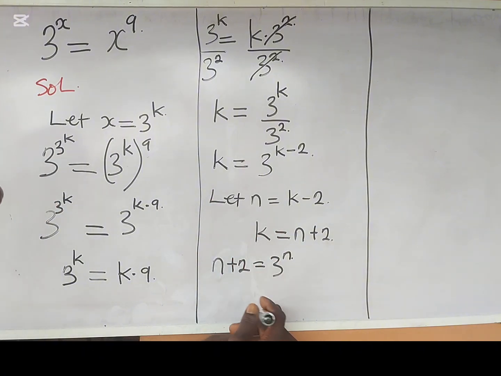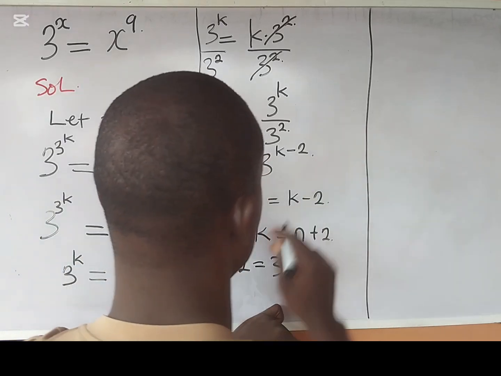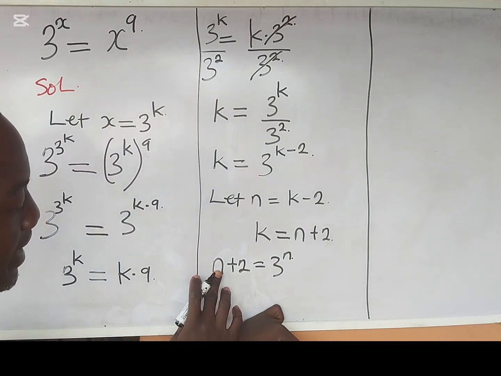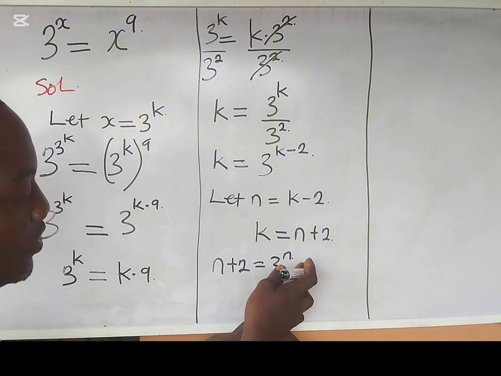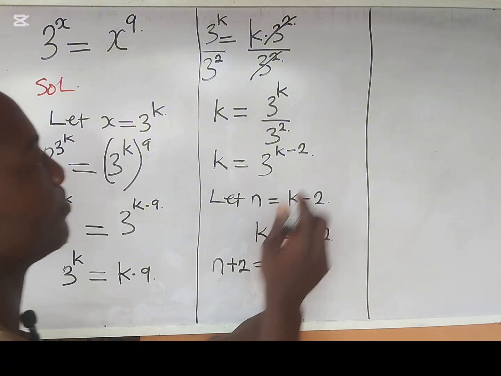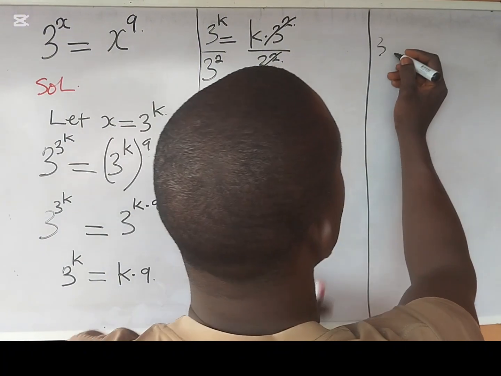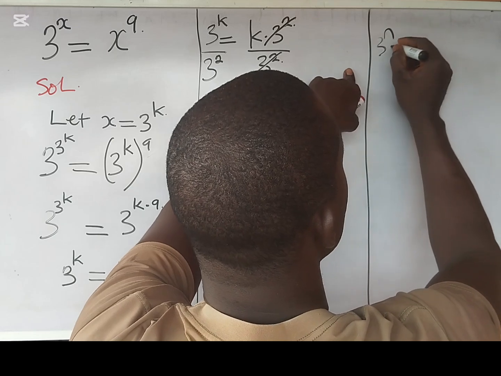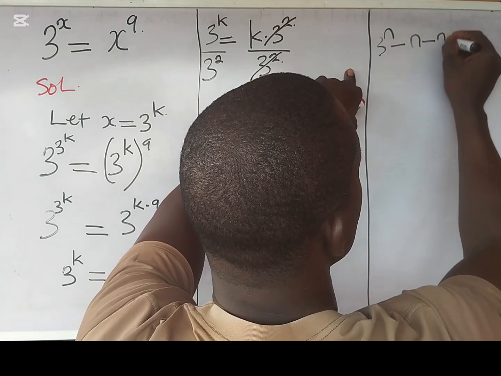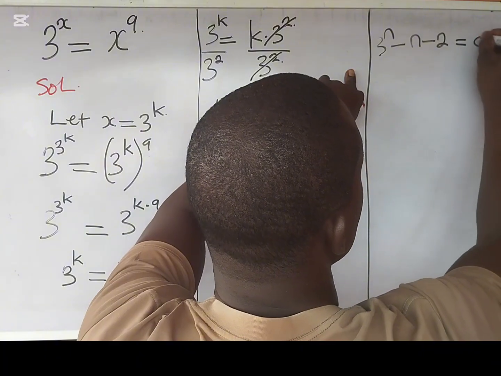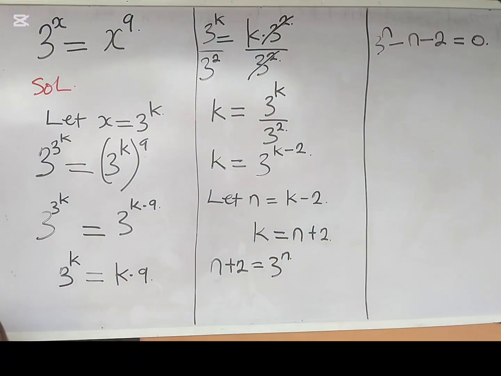When we get to this point, we can move n and plus 2 to this side of the equation. This becomes 3 raised to the power of n minus n minus 2 equal to 0.